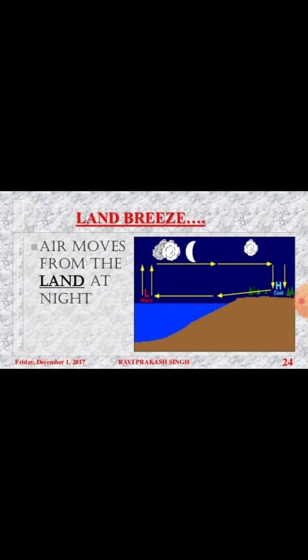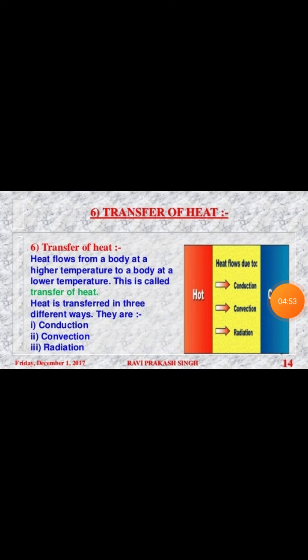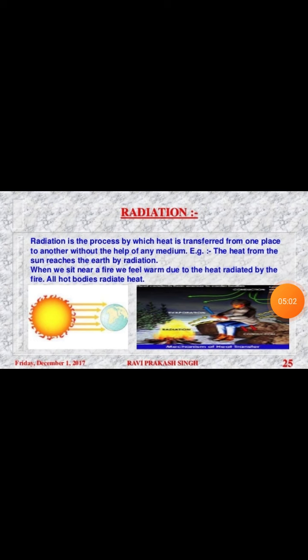And another type of transfer of heat is radiation, children. Now we move on to radiation. Radiation is the process by which heat is transferred from one place to another without the help of any medium.